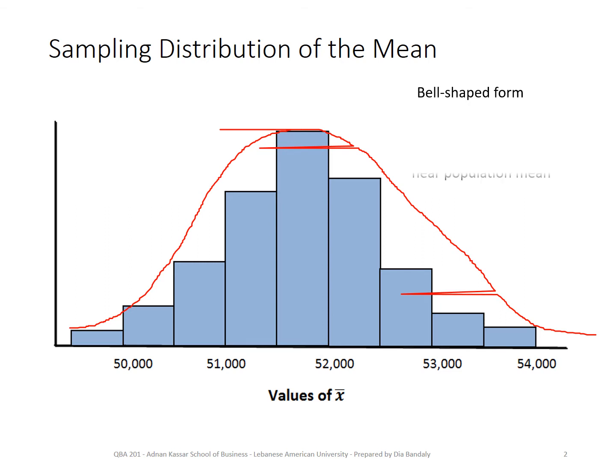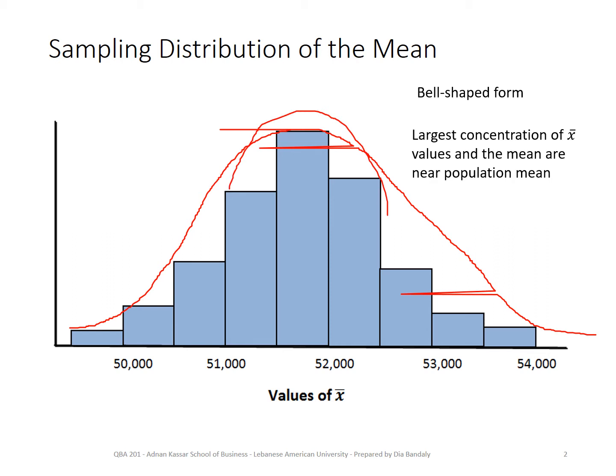And what else? We can see that we have a large, in fact the largest, concentration of the values of X bar. You can see that the three highest columns are around the population mean, which we know was, I think, 52,300.